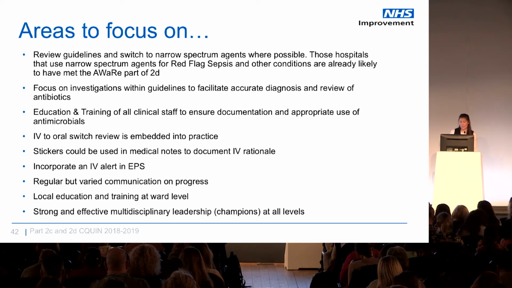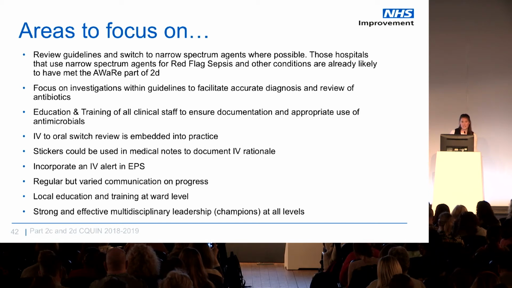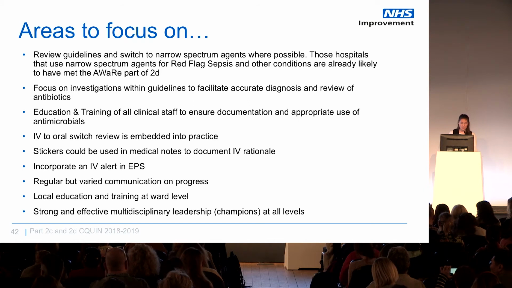And as I said before, those hospitals that are currently using a lot of narrow-spectrum agents are probably already meeting this part of the CQUIN. There should be a focus on investigations within guidelines, just to help those junior doctors decide on what they should be doing before they start prescribing antibiotics.